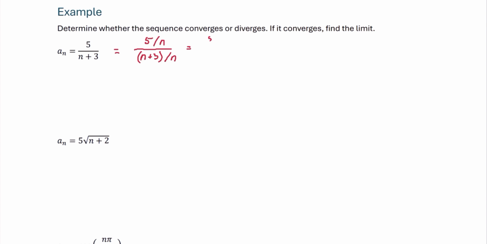This will give us 5 divided by n divided by 1 plus 3 divided by n. And now let's think of that as a limit. The limit as n gets really big of 5 divided by n divided by 1 plus 3 over n gives us the numerator is approaching 0. The denominator is approaching 1 plus 0. 0 divided by 1 is 0.